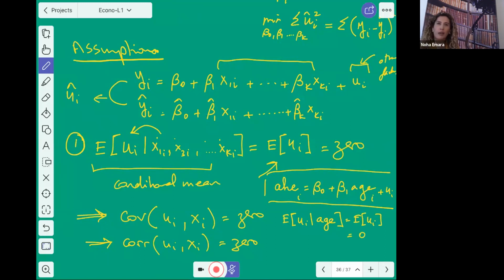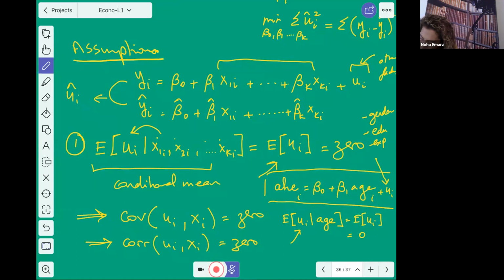Do you get that? In other words, it might be unrealistic, right? Because here I have education, I have experience, I have what else? Gender. I have so many other factors that can affect the person's salary. So based on this assumption, if I replace this ui with education, because education is not included in the model, that's why education is included in the error term.